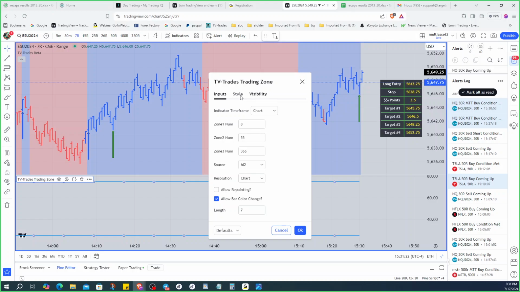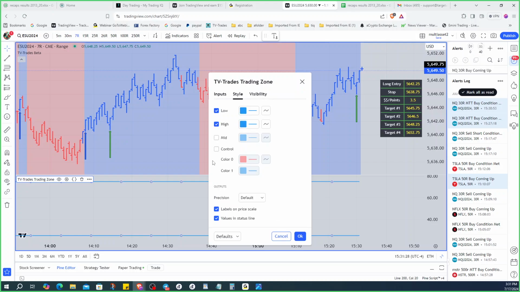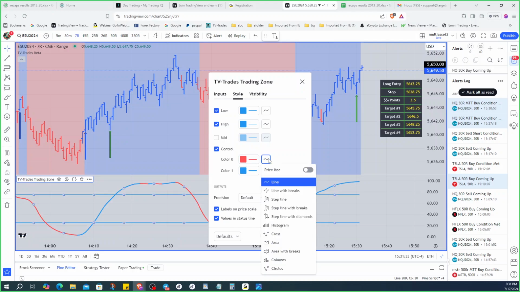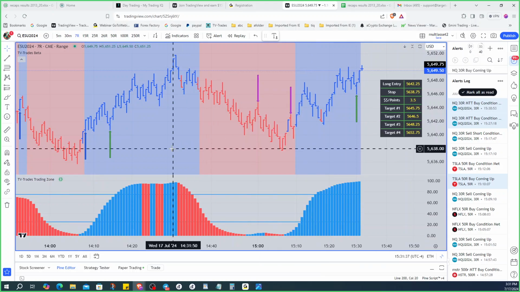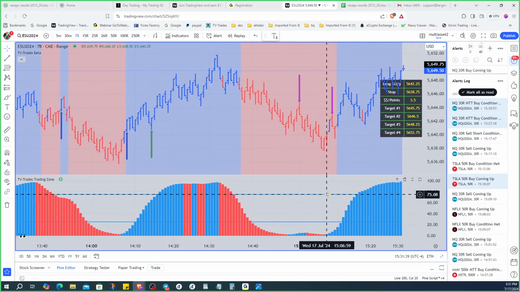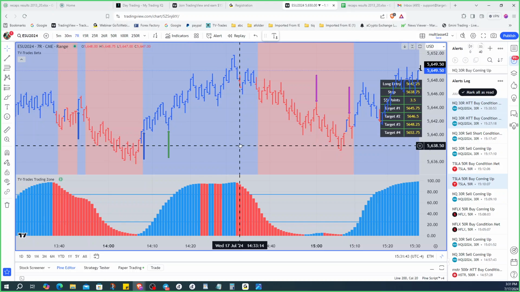I don't want you to have any indicators on your chart, and you're not going to have this indicator either. But if I go in here and I turn the control on, and make it columns like that. Now you're not going to see this. This isn't going to be anything that you see. But this is something that I'm working on.